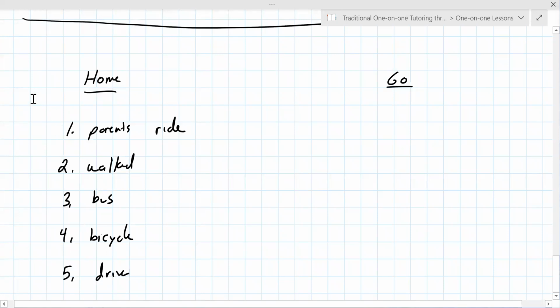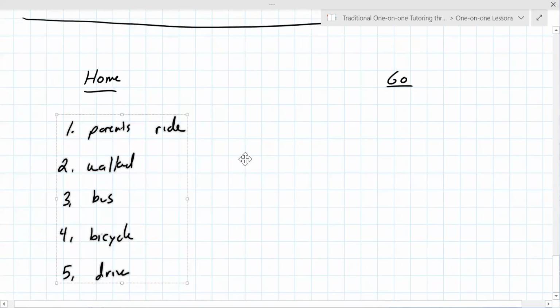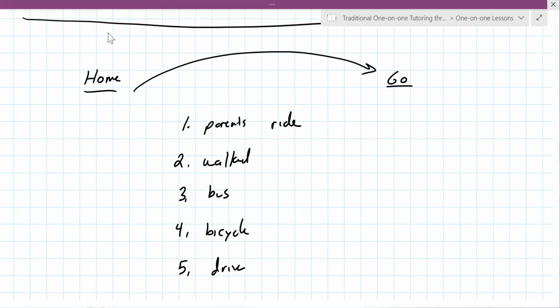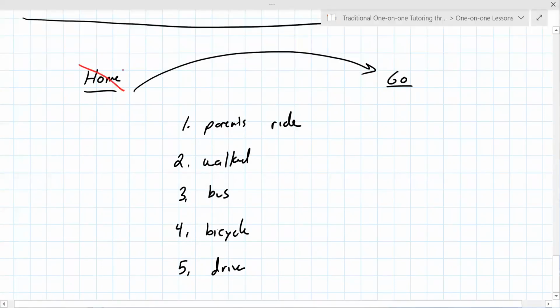If we were in a different class, I could say, give me all the possible ways that you could go from your house to somewhere you want to go, and you would give me this list. So instead of this, we're going to call this a quadratic, ax squared plus bx plus c, and we want the solution. We want x equals a number.